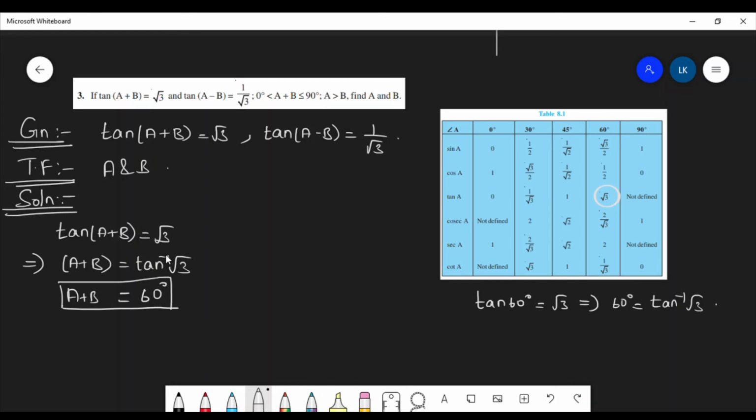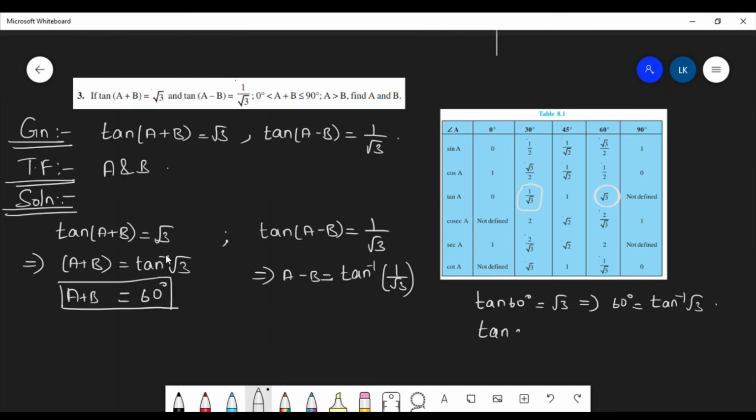Now what other data is given in the question? Tan(A minus B) is equal to 1 by root 3, which implies A minus B is equal to tan inverse of 1 by root 3. Now see the tabular column where 1 by root 3 is there. It is nothing but tan 30 degrees.